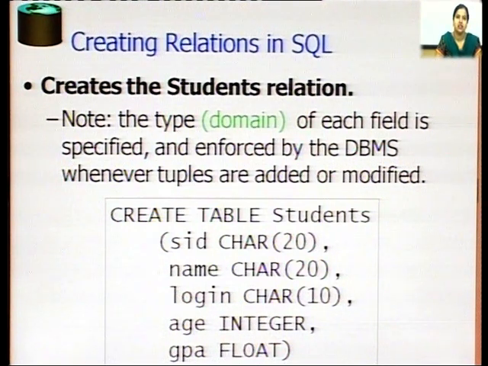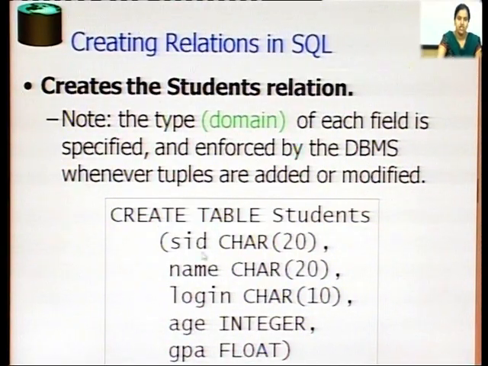Then there is creating the student relation. Here is one more example. Domain is the restricted set of values of each field, specified and enforced by the DBMS. For example, create table students, where SID char 20.